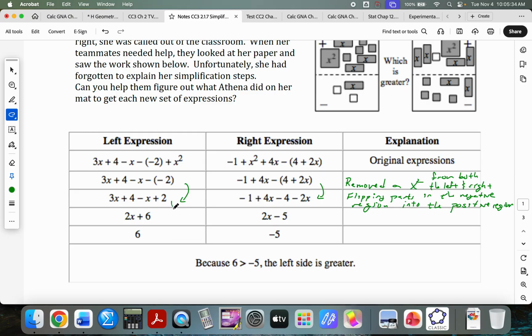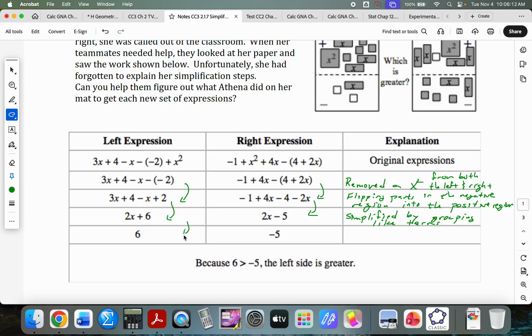Then what's happened from here to the next step? Yes, Jill? She just simplified the equation. Yeah, we have simplified. And I'm going to go a step further and say simplified by grouping like terms. We have combined the x values and we've combined the constants.